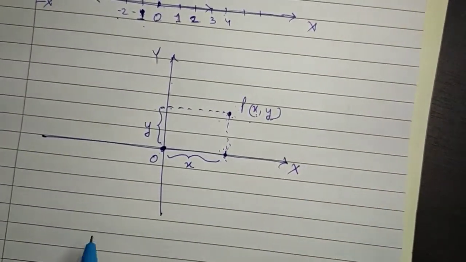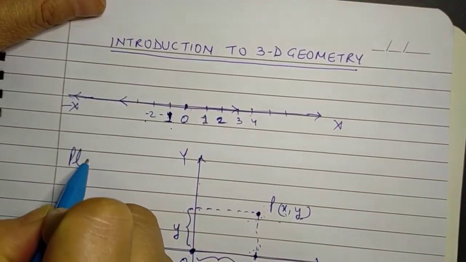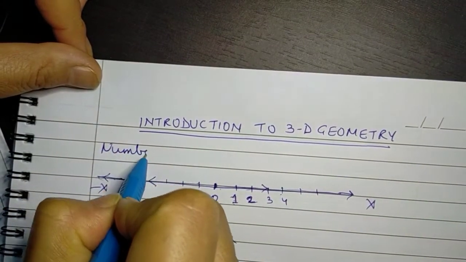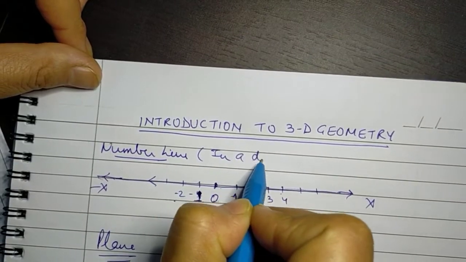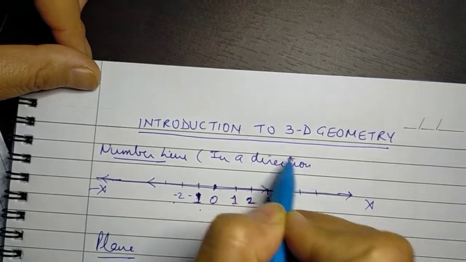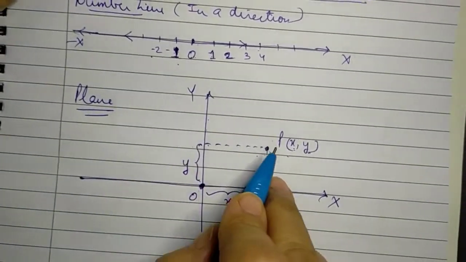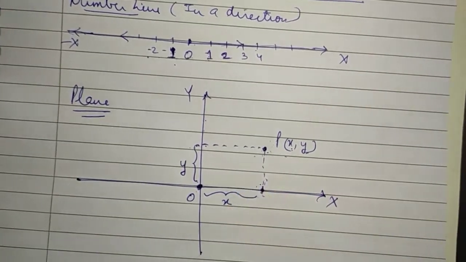Now the same way if you extend this concept further, this is on a plane, and that was on a number line, means along an x direction. This is the position of a point on a plane.